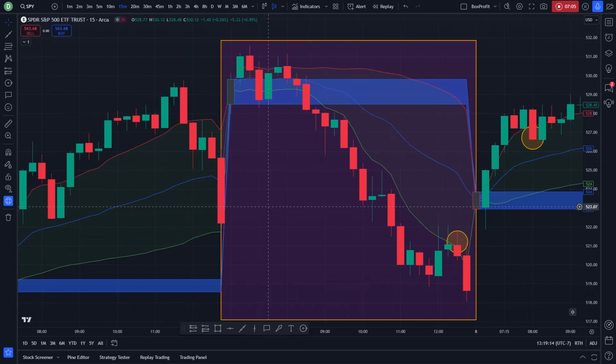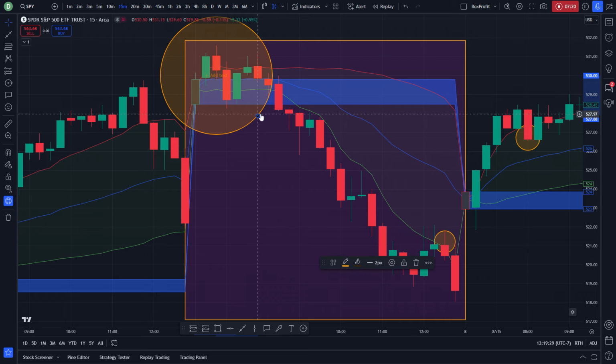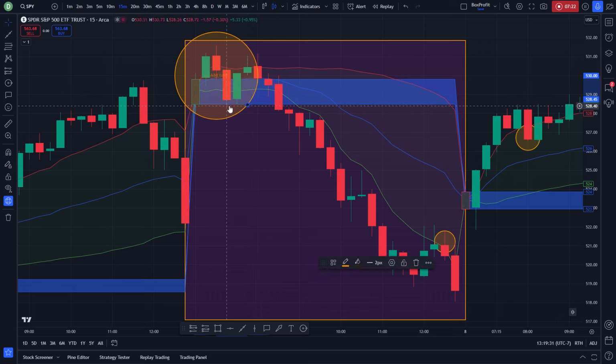If you haven't noticed, in my chart I'm using a 15-minute chart, but I normally like to use a 30-minute chart. The reason is, let's take a look here real quick. The area I've just highlighted is where the consolidation is taking place. This is a spinning top.